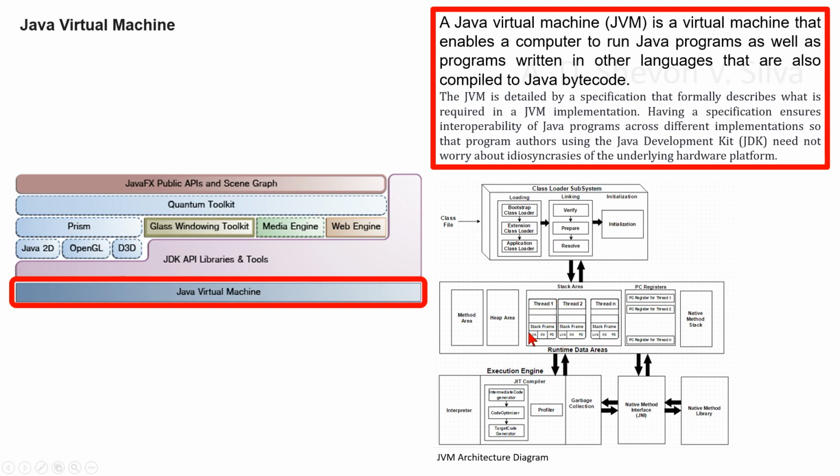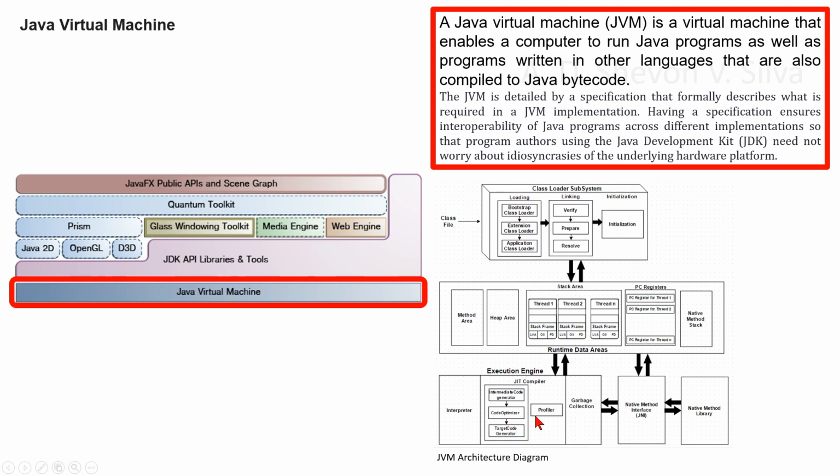In a thread, there are the stack frame, LVA, OS, and FD frame data. PC register for thread 1, PC register for thread 2, and PC register for thread N are in the PC registers.